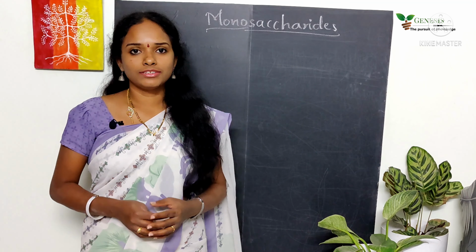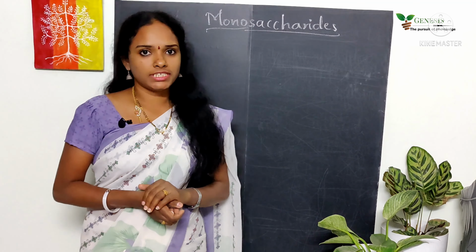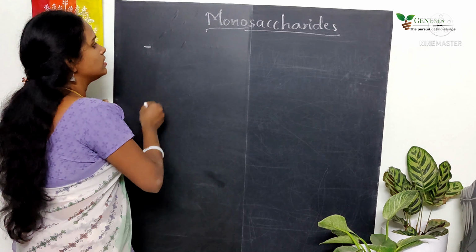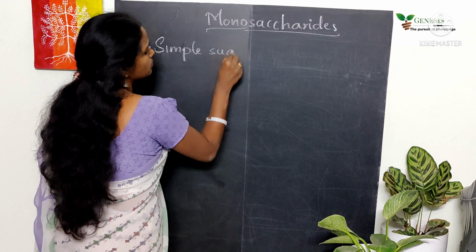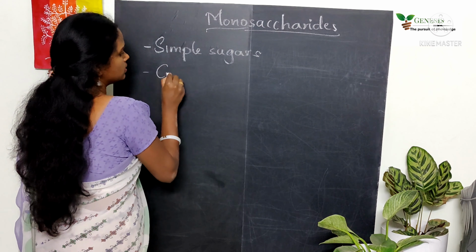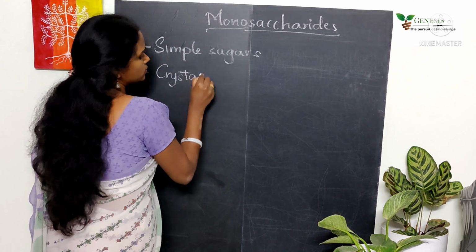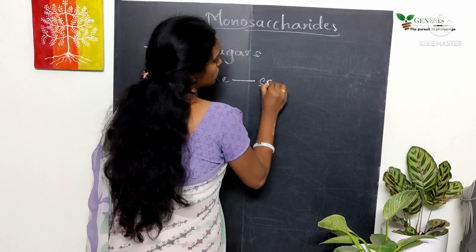Welcome to my class. So today we are going to learn something about monosaccharides. So let's start. Monosaccharides are the simple sugars, and they are crystalline compounds which are soluble in water.